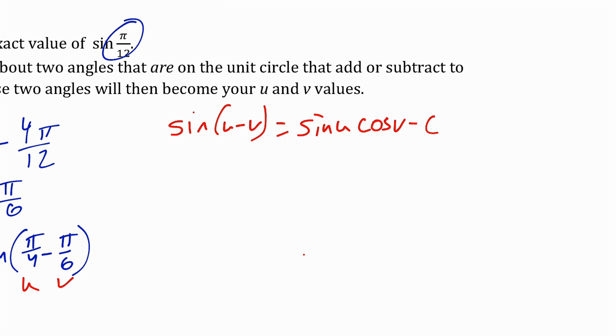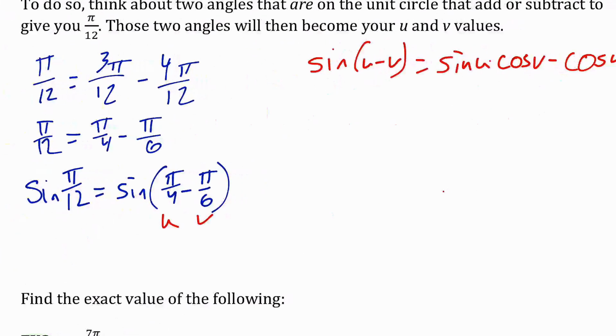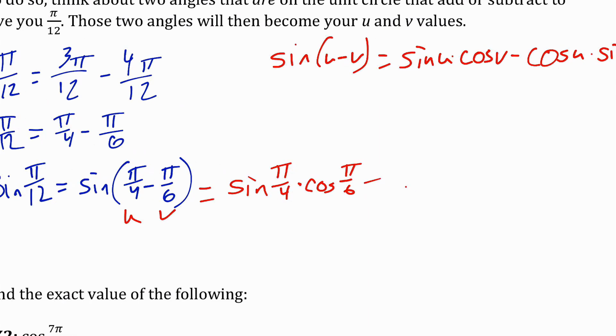So plugging that in, the u value: we've got sine of pi over 4 times the cosine of pi over 6 minus the cosine of pi over 4, the u value, times the sine of pi over 6.